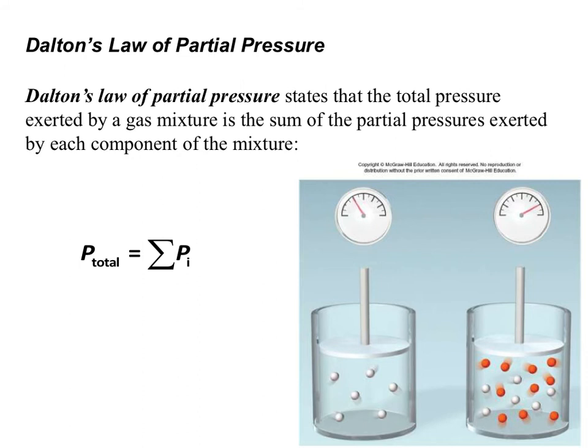I.e., if you had 1 atmosphere of pressure of hydrogen gas in a container and you added an unknown amount of nitrogen gas, and the pressure increased a certain amount, that increase in pressure is directly proportional to the amount of nitrogen gas you added, and you could calculate how much nitrogen you added.